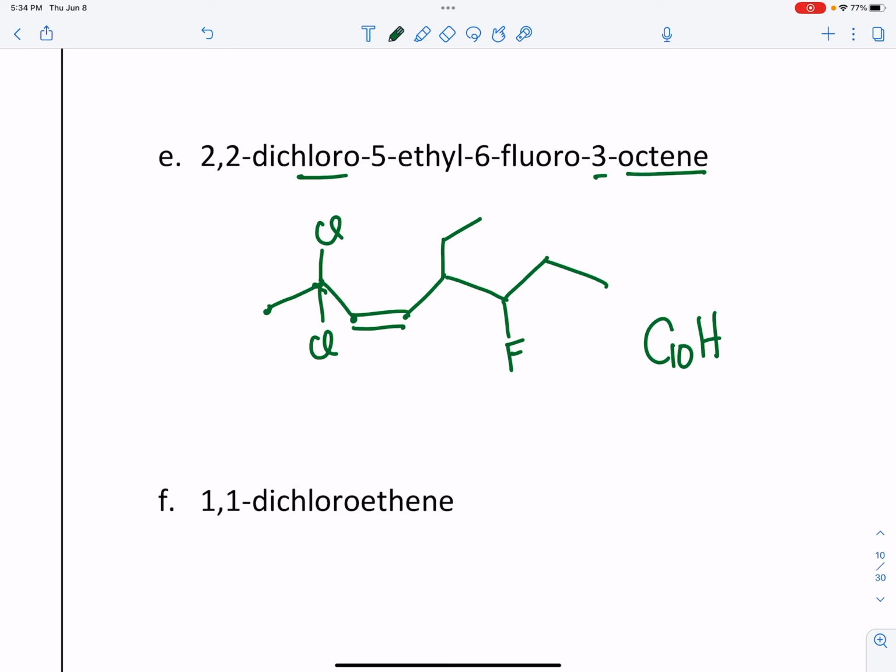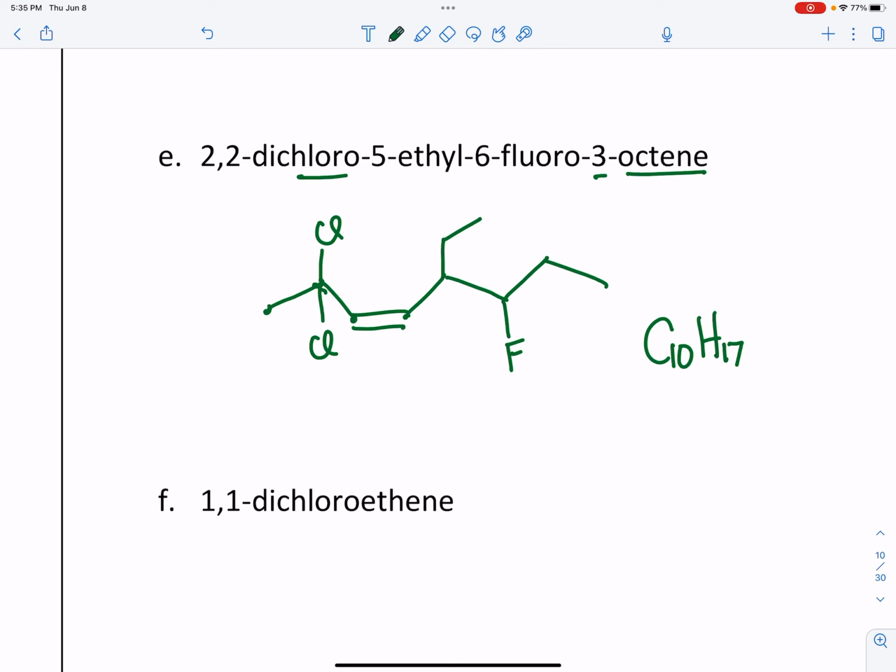In order to put on a chlorine or a fluorine, you have to take away a hydrogen. So in this case, we'd have to take away 3 hydrogens, 2 for the chlorines and 1 for the fluorine. So if the molecule would have been C10H20, now it's going to be C10H17. We have to take away 3 hydrogens. Then we have to add the chlorines and the fluorines.